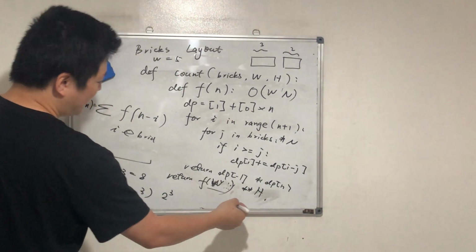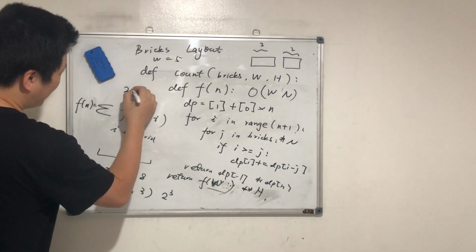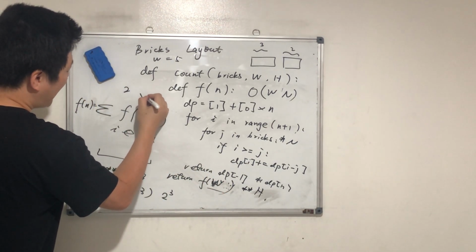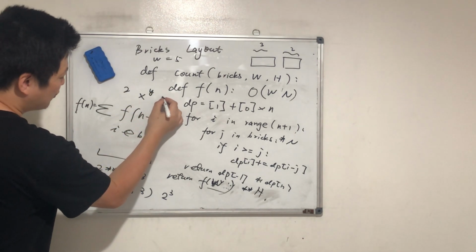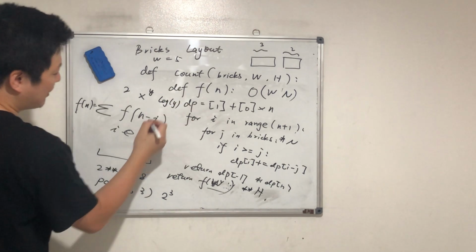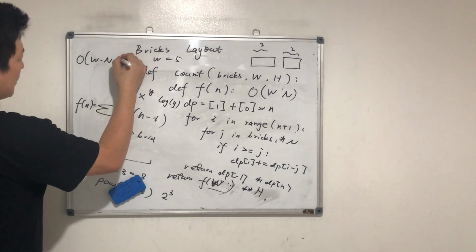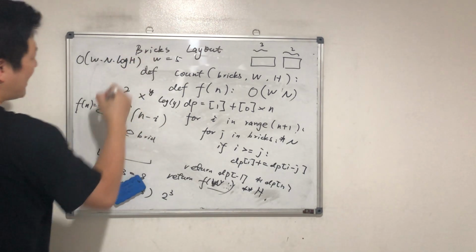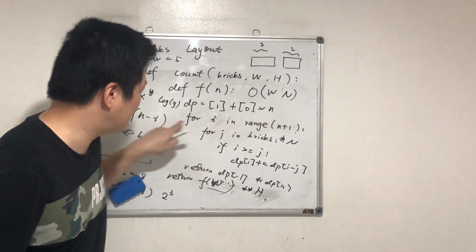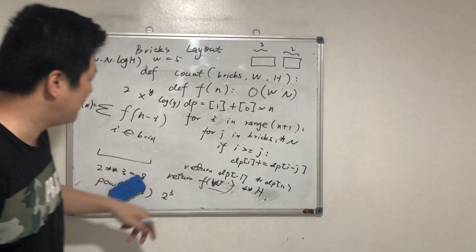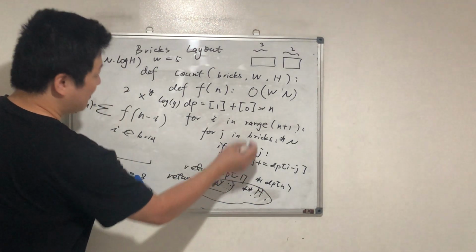Times H, let's call it, the power function. Let's say x to the power of y, the complexity is log y, okay? So actually the complexity will be O of W times N times log height, okay? So that's the complexity. N is the number of bricks, yeah? And because at last we need to times with the H, which is the height.